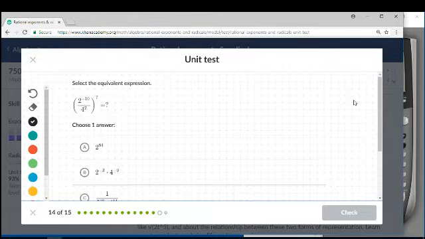Select the equivalent expression. So 2 to the negative 10th to the 7th power is going to be equal to 2 to the negative 70th over 4 to the 14th.